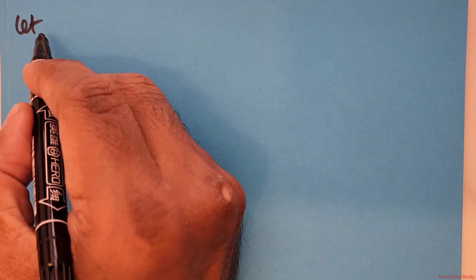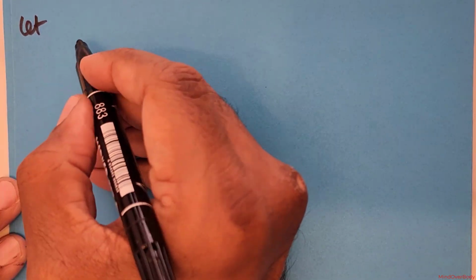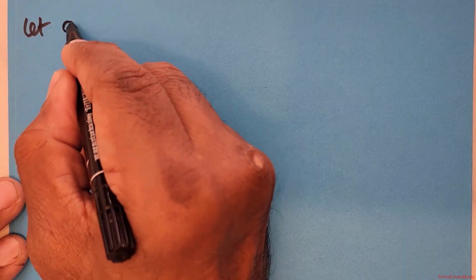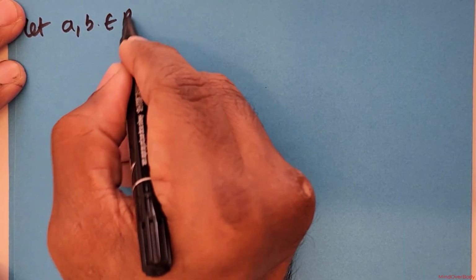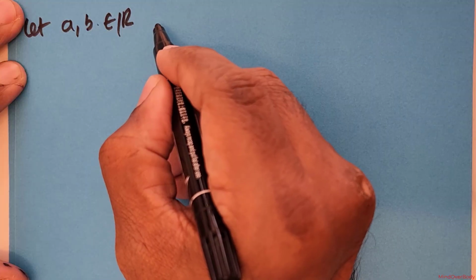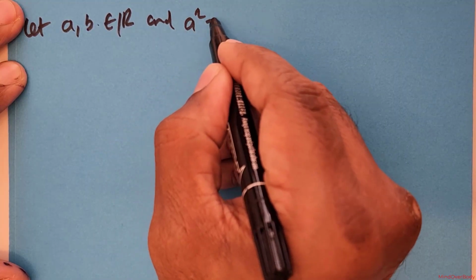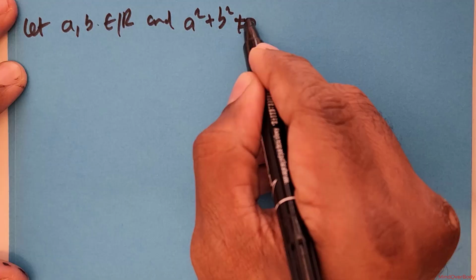Welcome everybody. We got an interesting question in complex numbers. Given that a, b are elements of the real numbers and a squared plus b squared is not equal to 0.